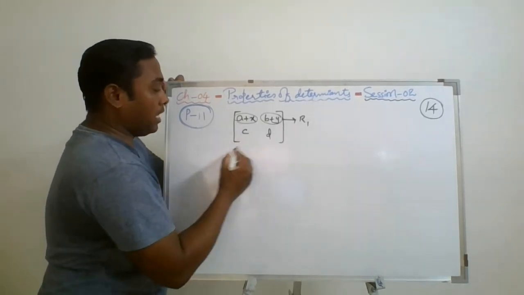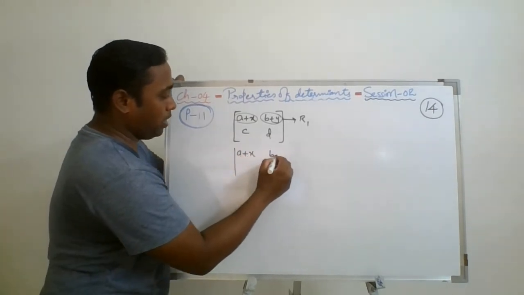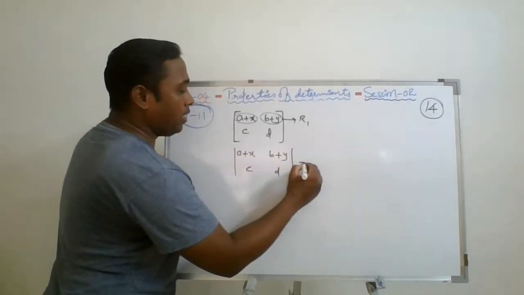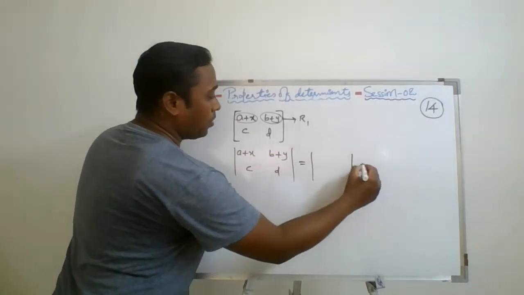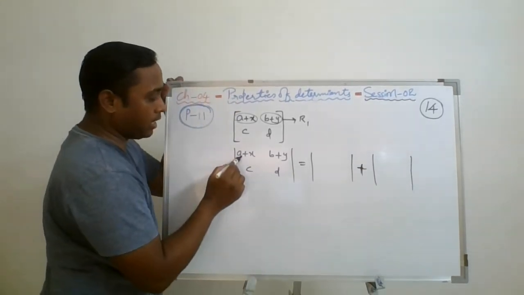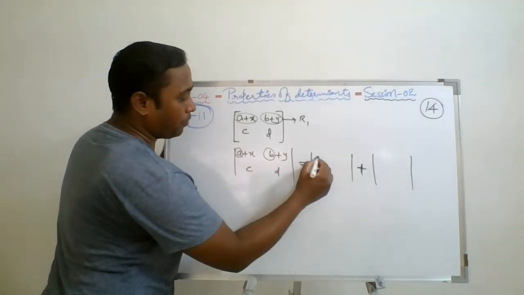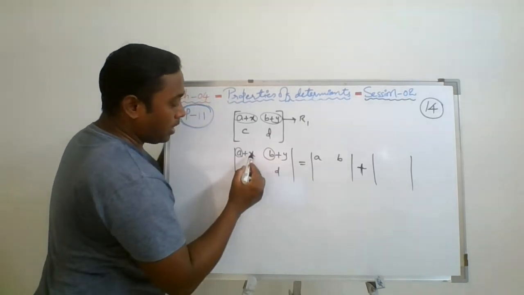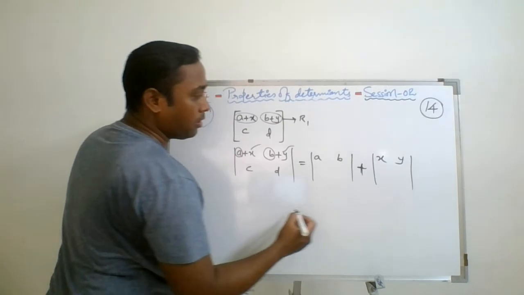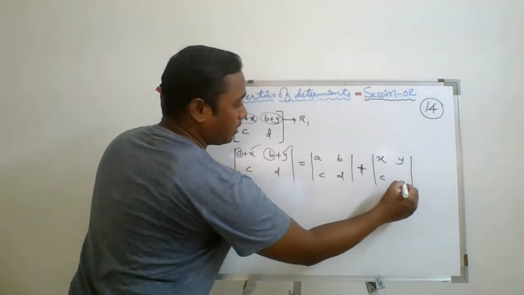Hence, this determinant, a plus x, b plus y, c and d, can be written as a sum of two determinants in the simplest manner by taking the first elements of the sum in row 1 in the first determinant, and the second elements x and y in the second determinant, and the row 2 elements remain the same in both determinants.